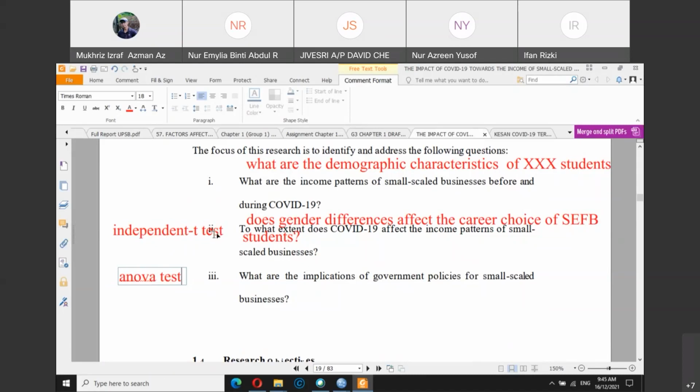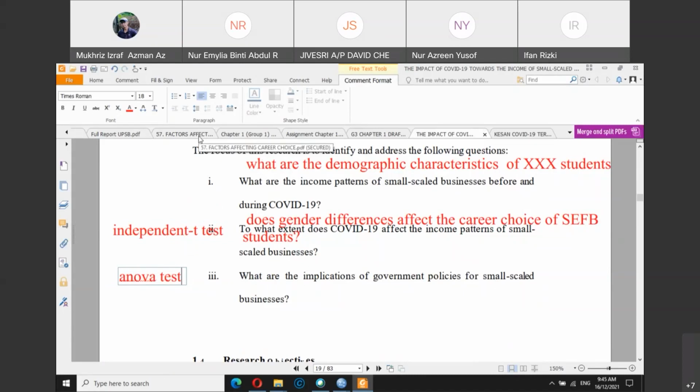But what if you want to analyze, so basically 2 and 3 are the same, but now we want to analyze if you are comparing 3 or more groups or populations.